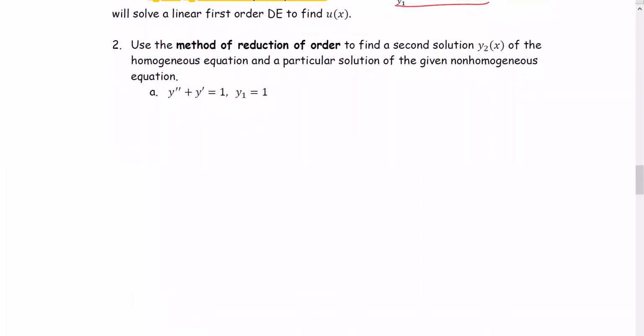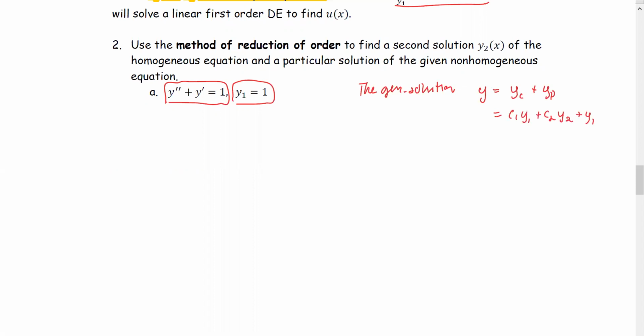Example 2. Given the differential equation, which is the non-homogeneous equation, and the first solution, we are going to find the general solution of the non-homogeneous equation, which is in the form of y equals yc plus yp, or c1 y1 plus c2 y2 plus yp.